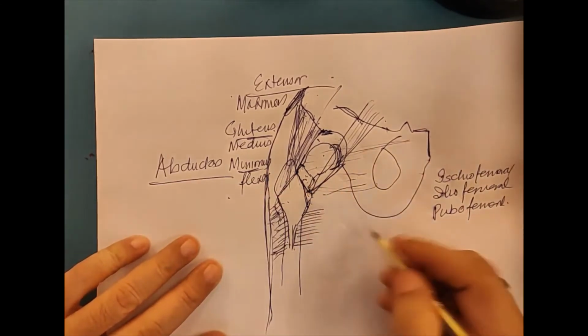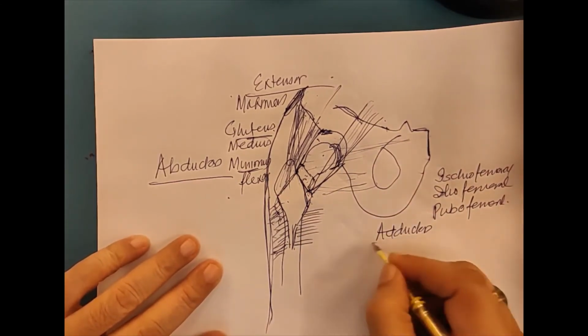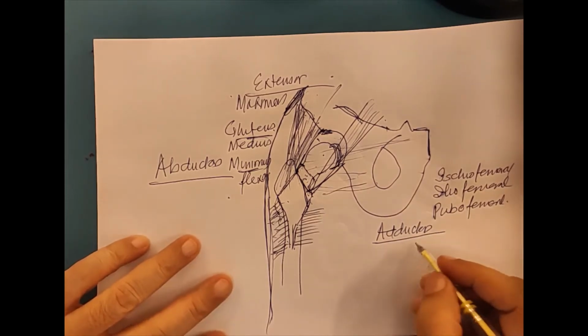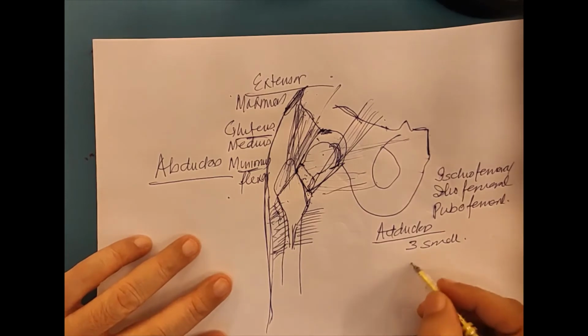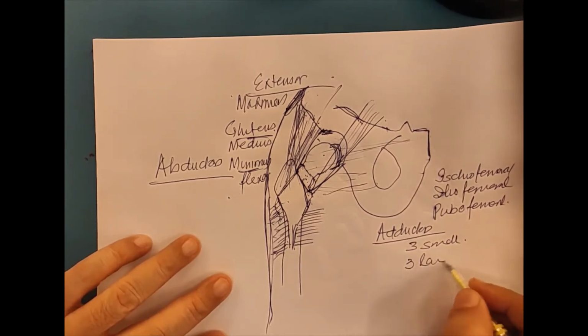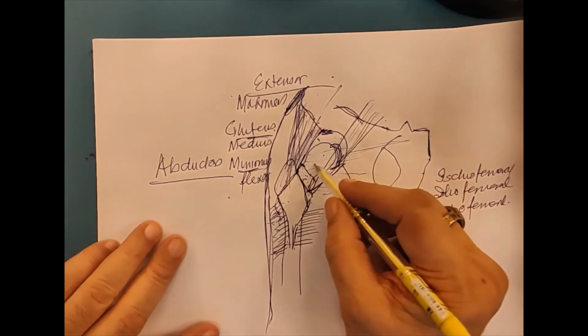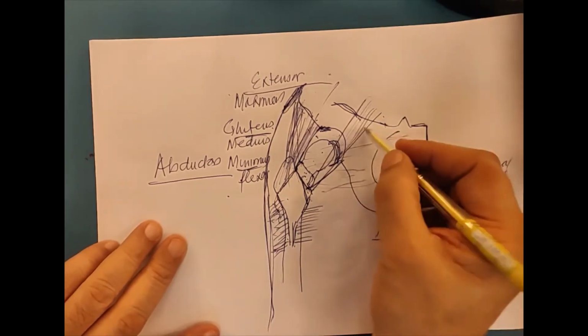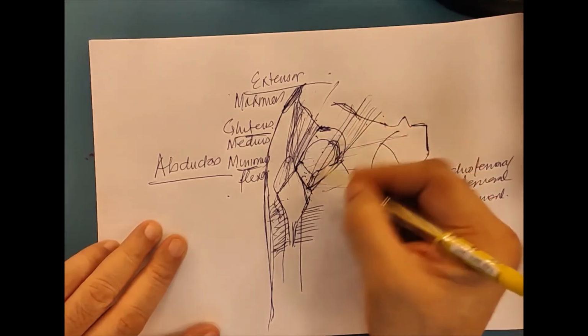Now we cover adductors. The adductors of the hip are 3 small ones and 3 large ones. The small ones are, in front, pectineus.